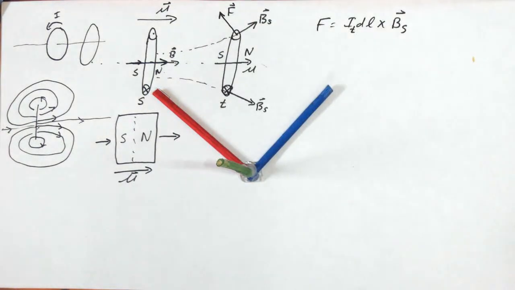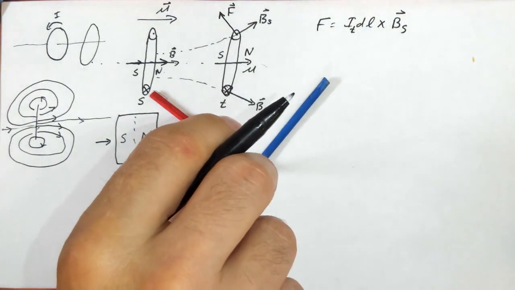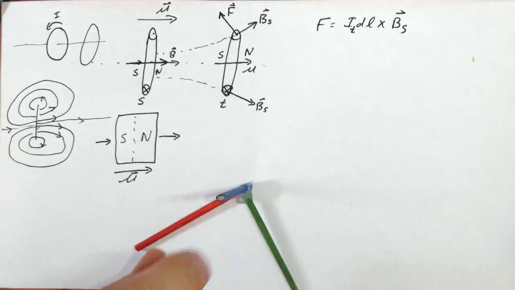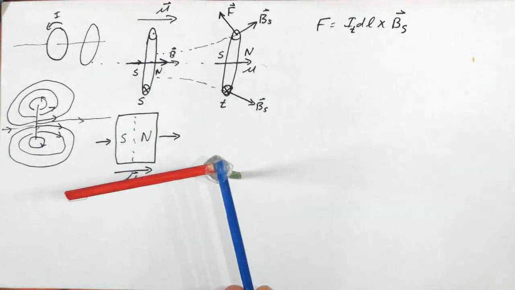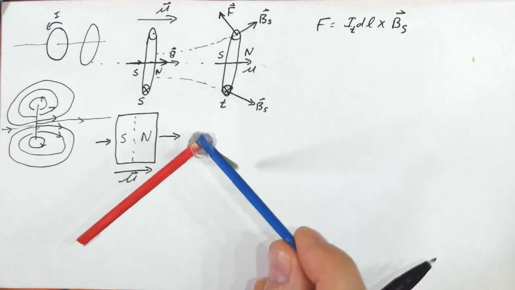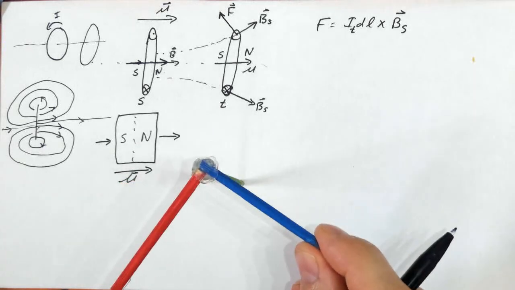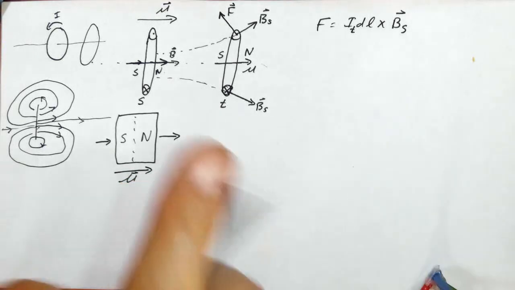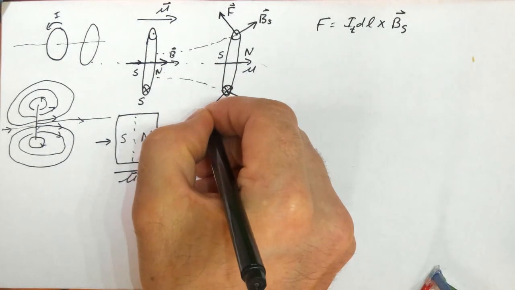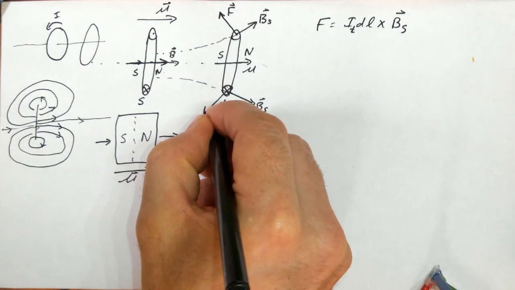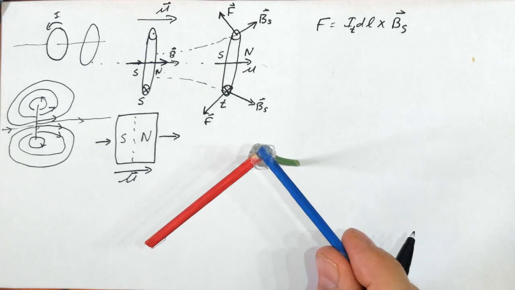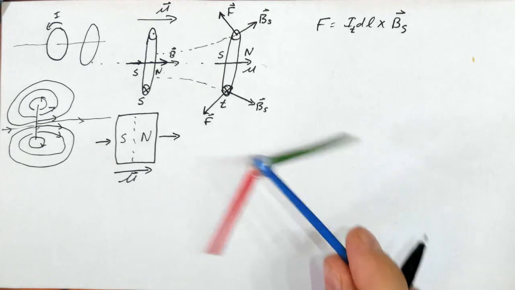All right. Now we can do something similar for the bottom. The current is into the page. Okay, so my green's pointing into the page. The B field points something like that, which means my force points like that, as I saw with my red arrow here. Okay?